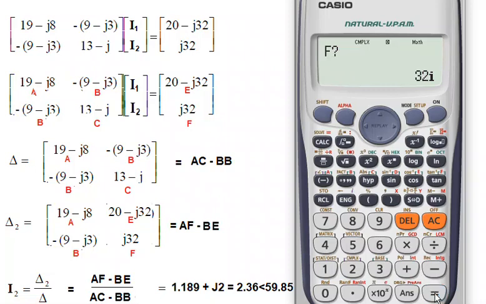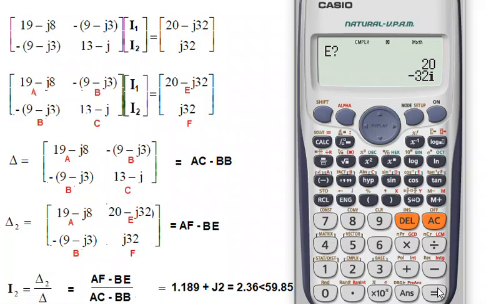So A is inputted. Now it is asking for F. F is J32 or 32I. So 32I, equal sign, asking for B. B is minus 9 minus J3 with bracket. So minus bracket 9 minus 3I close bracket, equal sign.